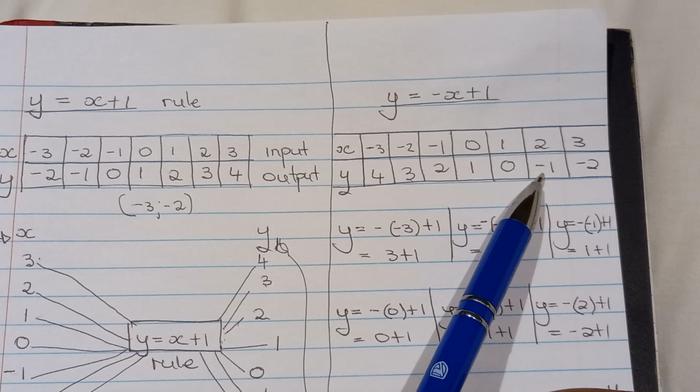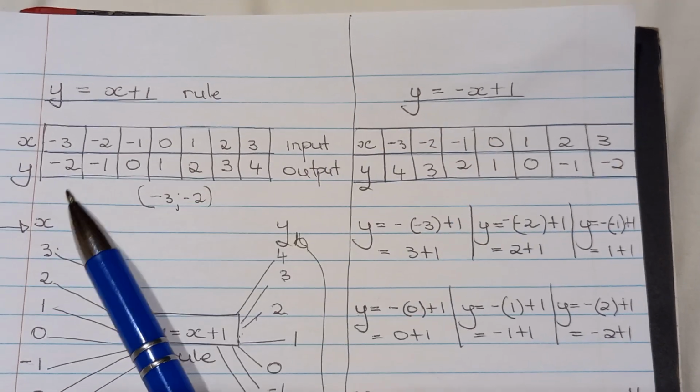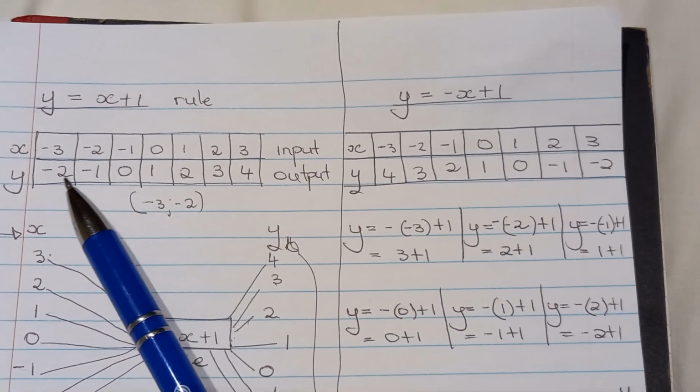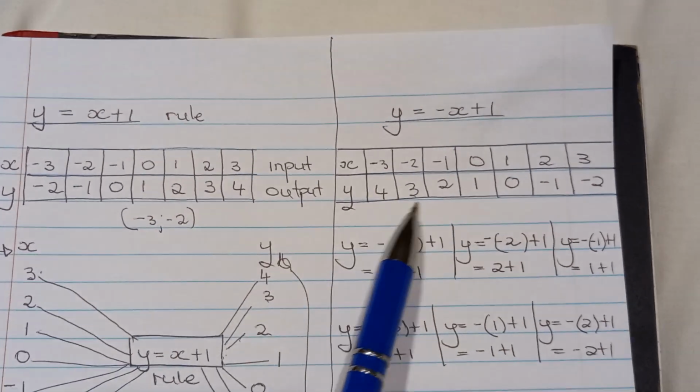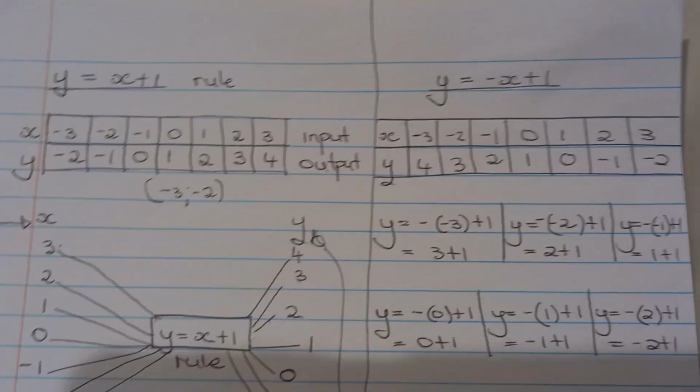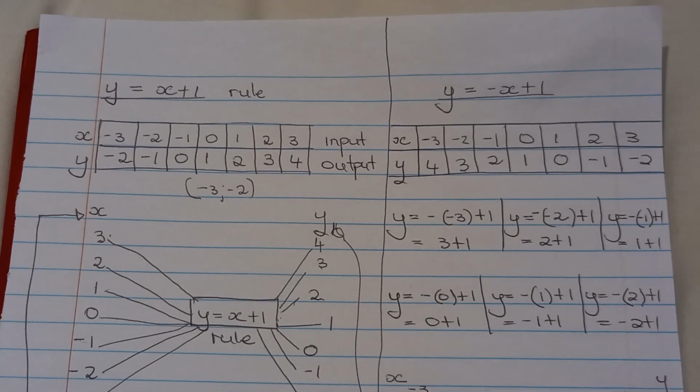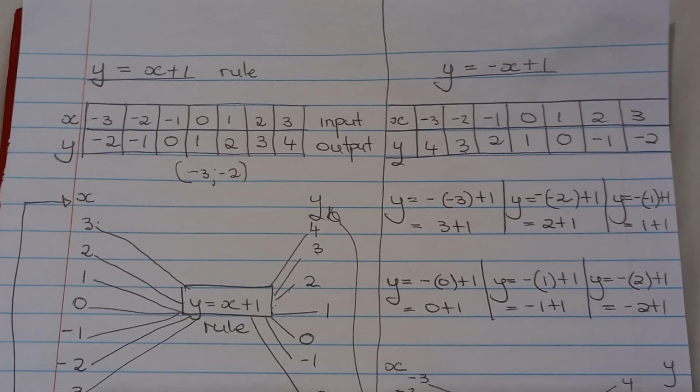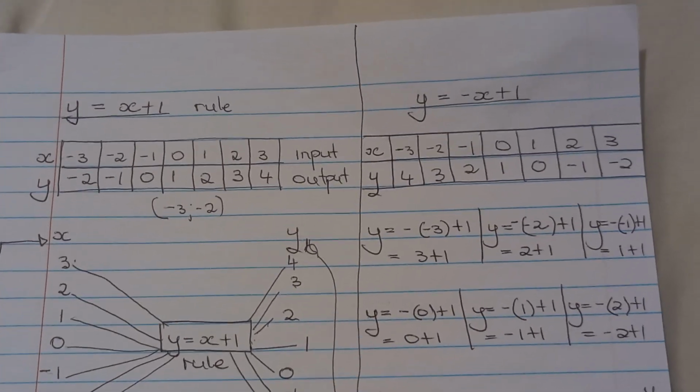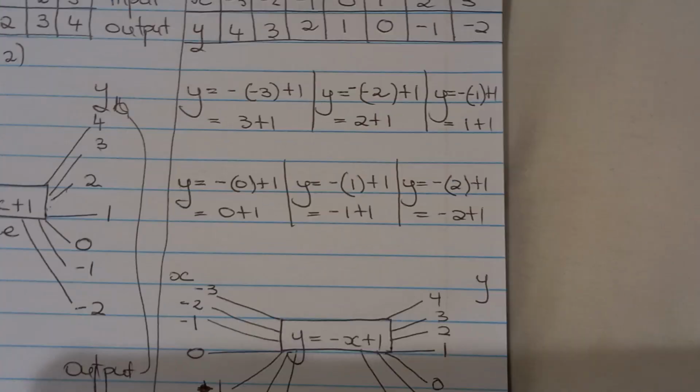And then 0, -1, -2, and then 0, -1, -2. It's almost the same set of numbers, but reversed because of the negative gradient.